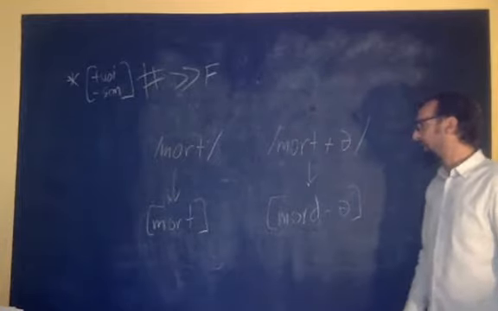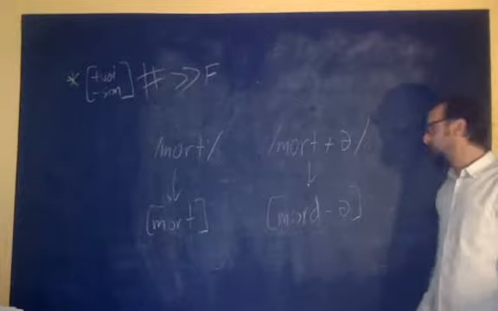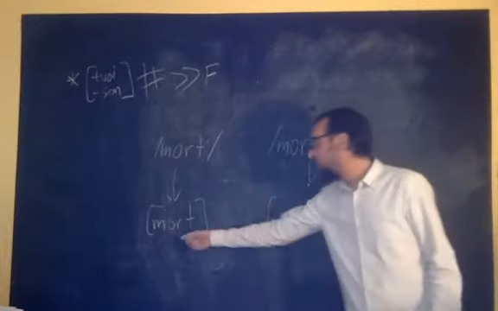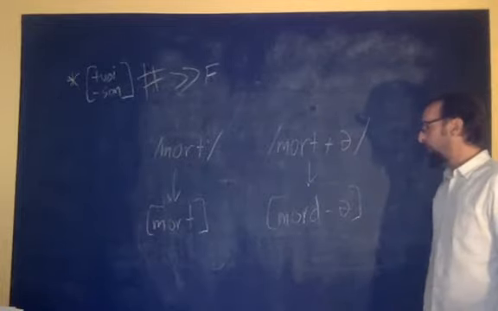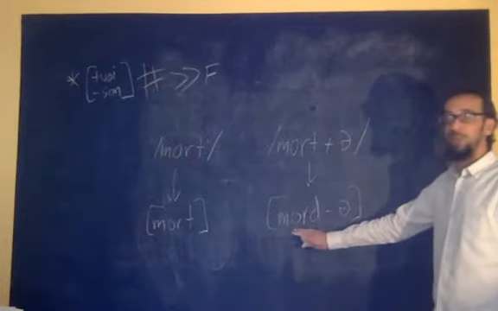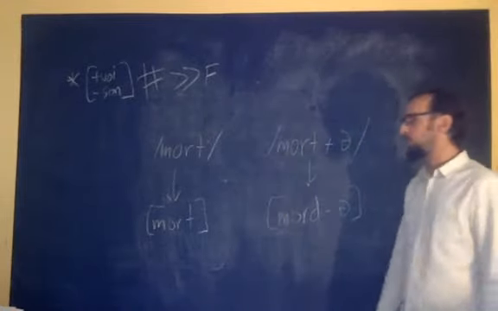In German, we have the Mord form and the Mort form, and these are two allomorphs of the same morpheme. So here's an allomorph with a final voiced stop, and here's an allomorph with a final voiceless stop.